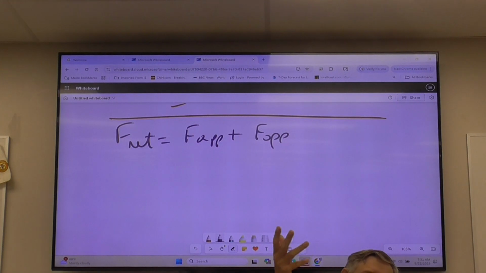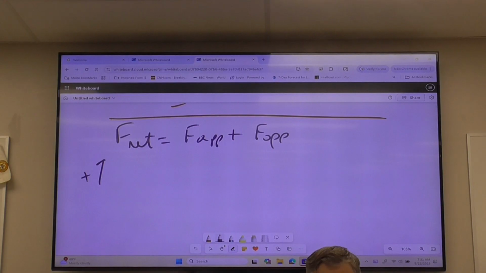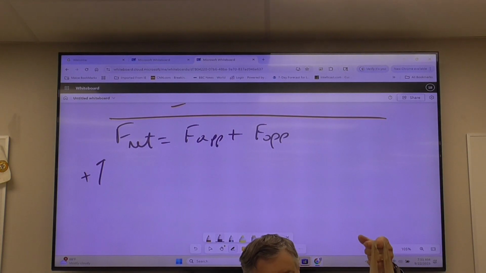Yeah, 31, 30.2, 30.3. It just has to be greater than that, right? Because I want a positive net force. So if I do this, I can lift it up, I can make them accelerate.